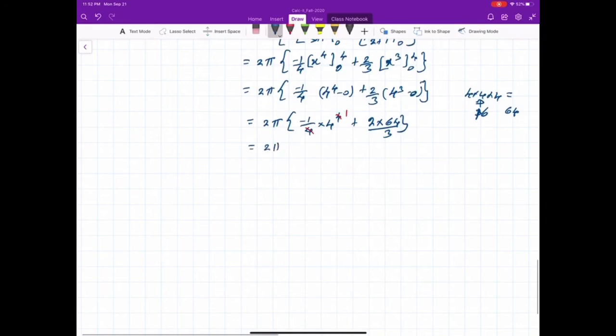And this is 2 pi, minus 4 to the power 3, which is 4 times 4 times 4, which is 64.